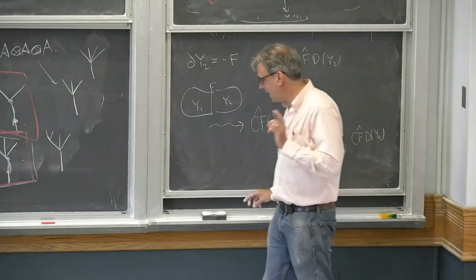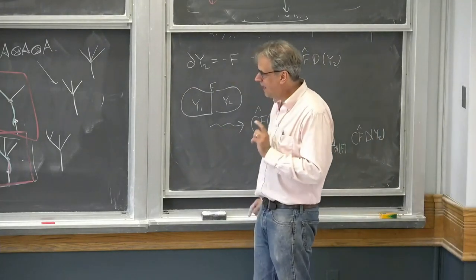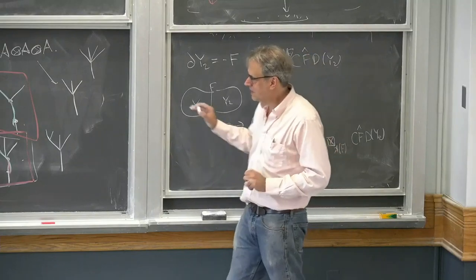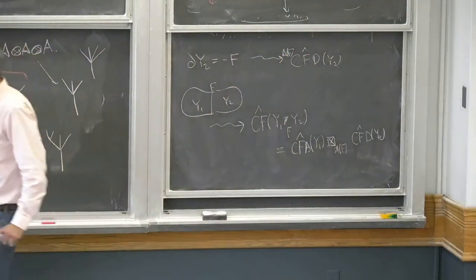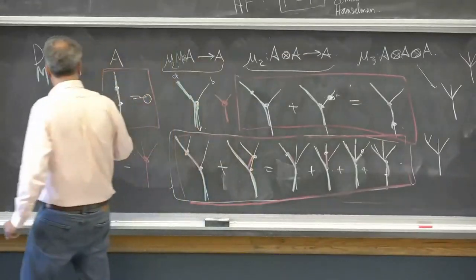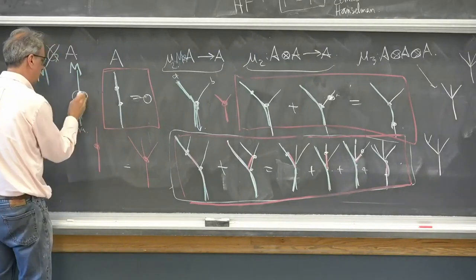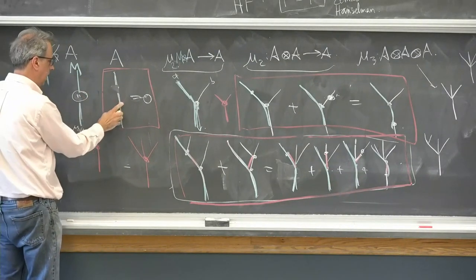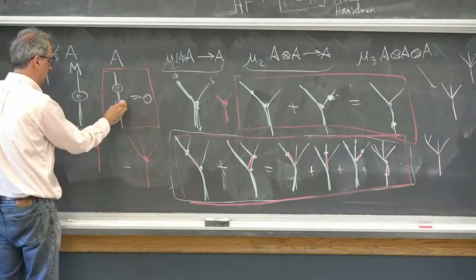A weighted A-infinity algebra is a very small elaboration of an A-infinity algebra where instead of having dots, you write integers.